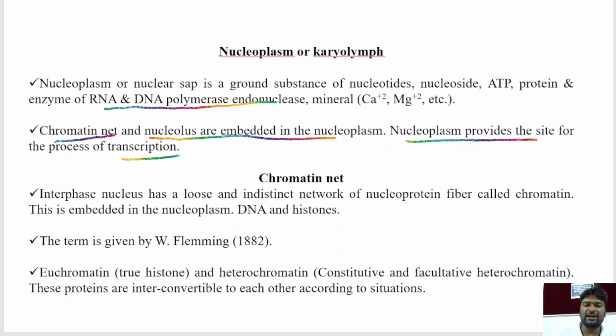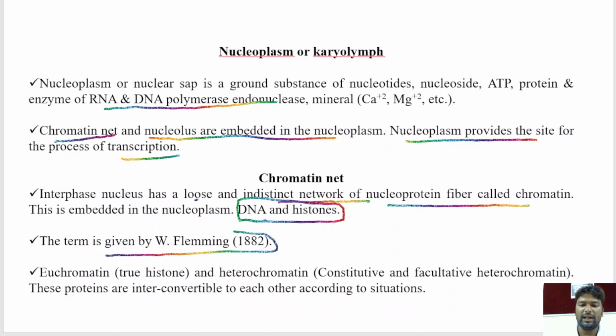And what is the chromatin net? So the interphase nucleus has a loose and indistinct network of nucleoprotein fibers, which is called chromatin, and this chromatin net is embedded in the nucleoplasm. Chromatin is made up of DNA and histone proteins. And the term chromatin was given by W. Fleming in 1882.